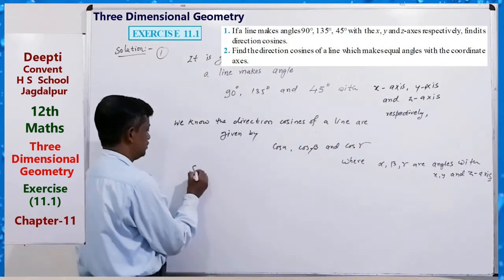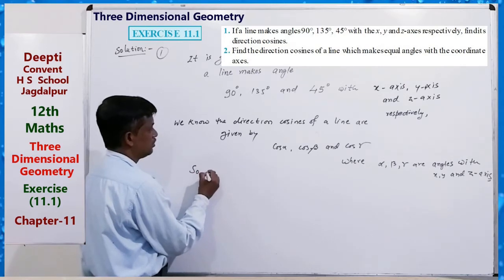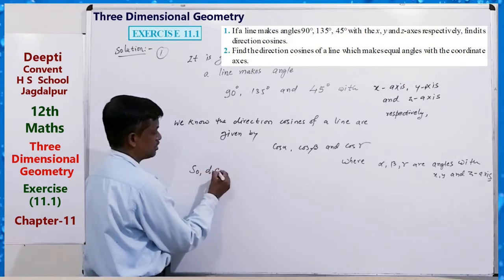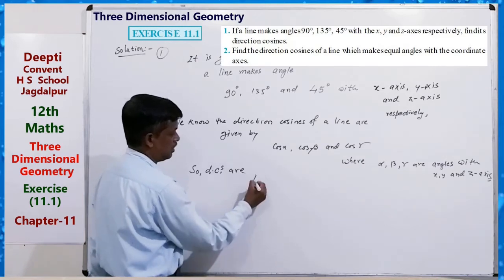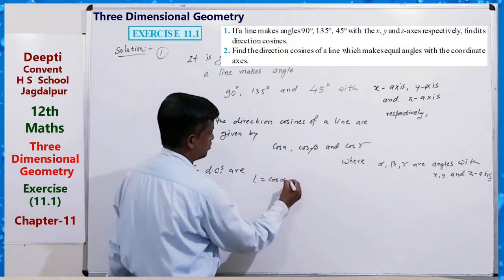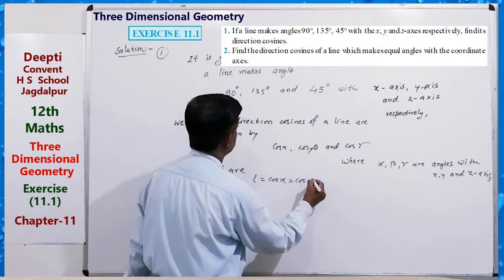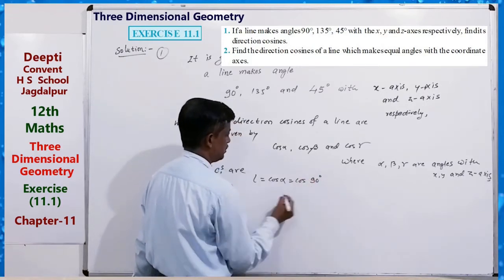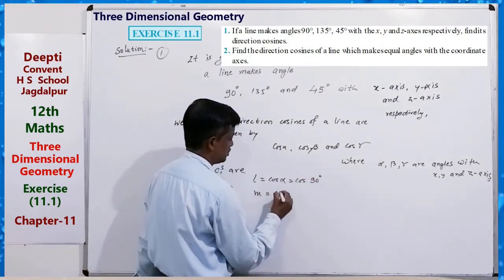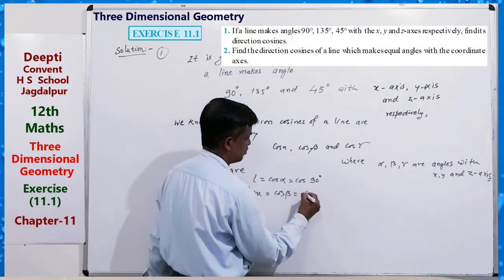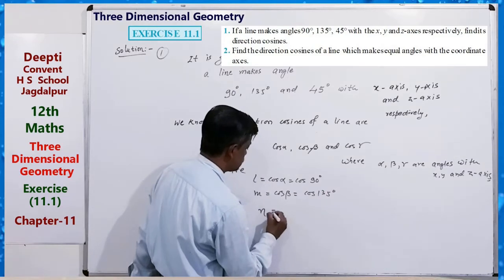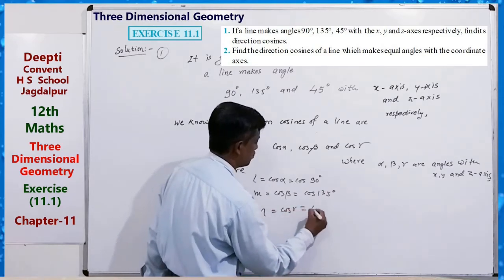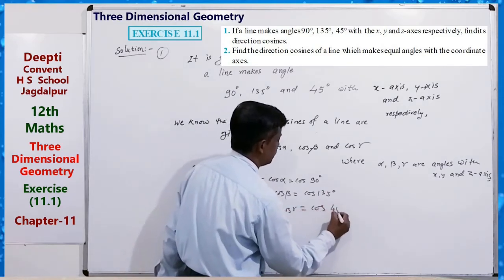So, direction cosines are L equals cos alpha equals cos 90 degree, M equals cos beta equals cos 135 degree, and N equals cos gamma equals cos 45 degree.